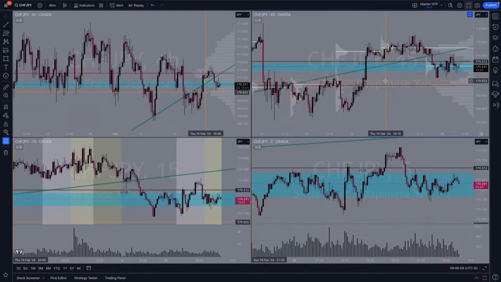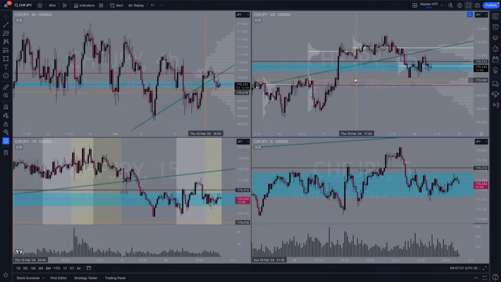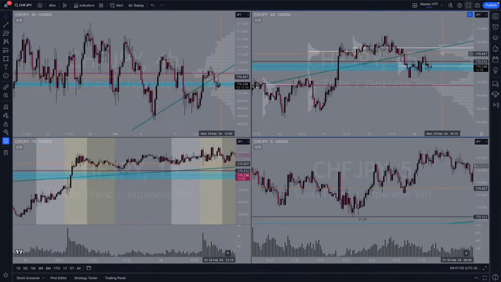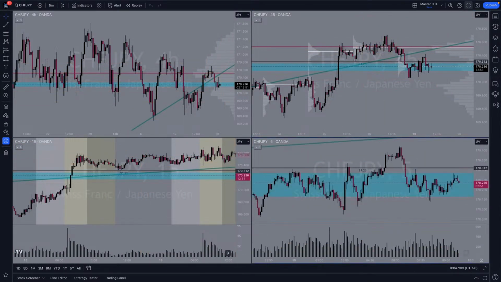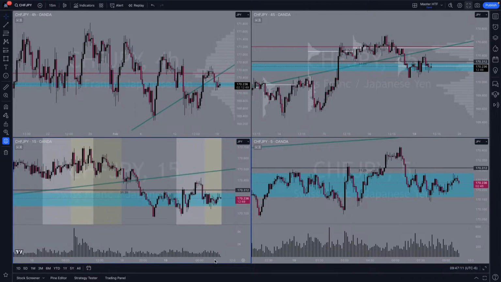I wanna sell this actually. Should I wait for the retest? I think everything could happen, but I think most likely no. But what about this and this and this? I don't know.